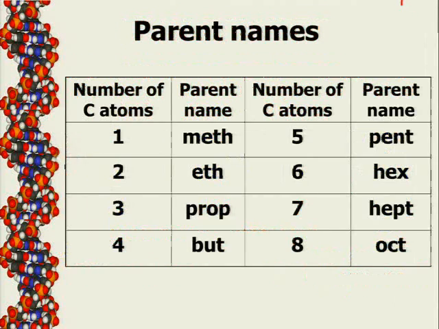And then this is part of what we have on the table, where you've got 1 carbon, and the parent name will be meth, 2 carbons eth, 3 carbons prop, 4 carbons but, 5 carbons pent, 6 hex, 7 hept, and then 8 oct. So we only go up to number 8. The organic compounds go up to, I think, around 60, but we only go up to carbon number 8.